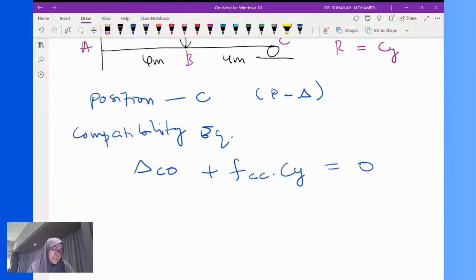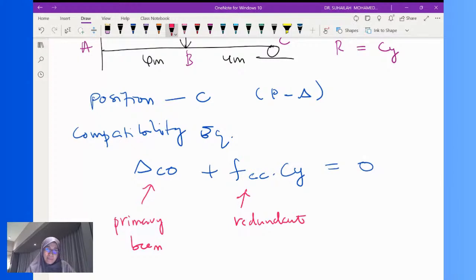System number one is called the primary beam, and system number two is the redundant beam. We name this redundant beam as redundant CY applied.